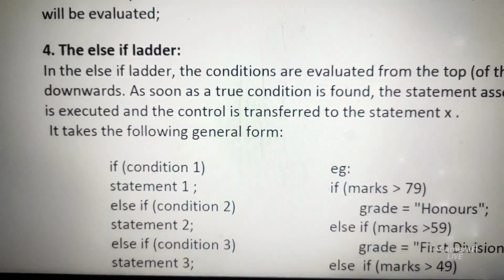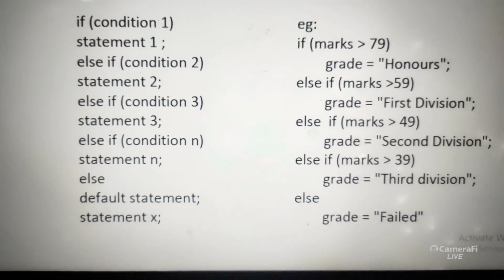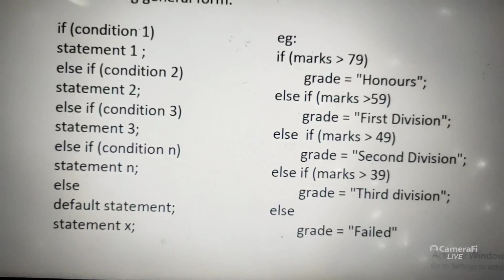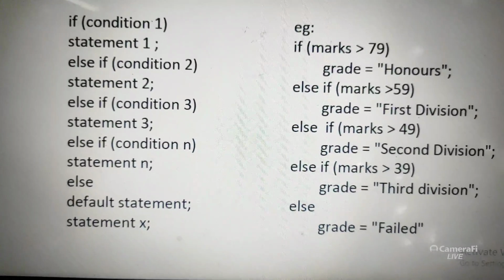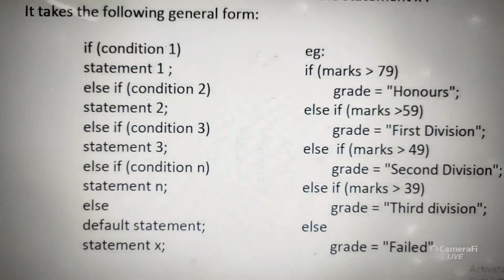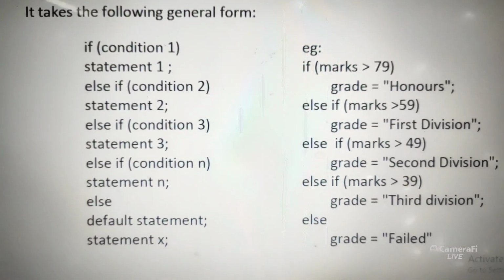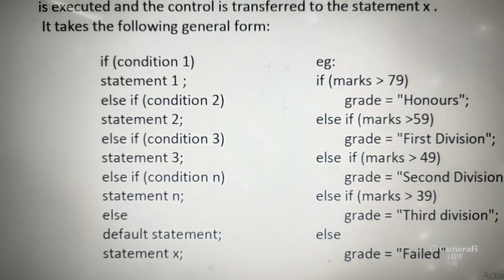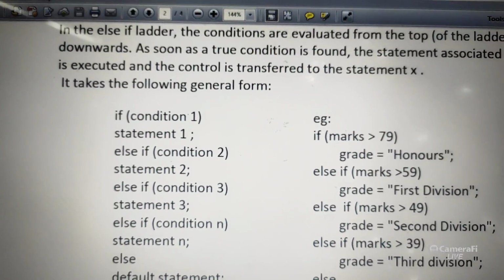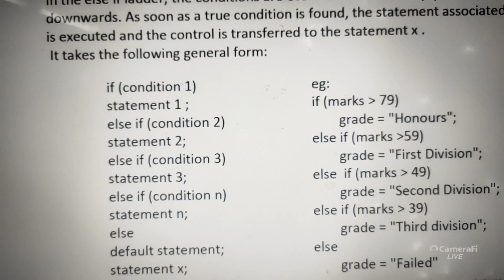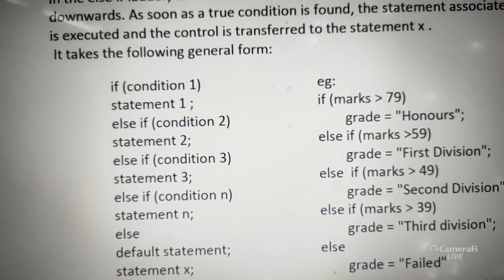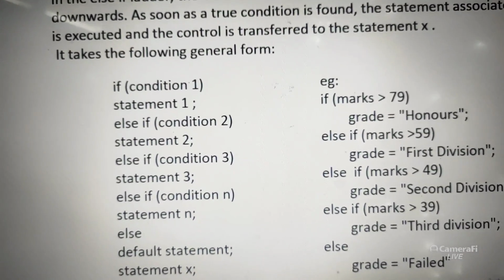Else if ladder, checking for multiple conditions together. Sir, I'm getting O grade, I'm getting A grade, I'm getting B grade, for example. There is a condition when you will get O, when you will get A, when you will get B, when you will get C. Or in school life, 70% and above is distinction, 60% and above first class, 50 and above second class.